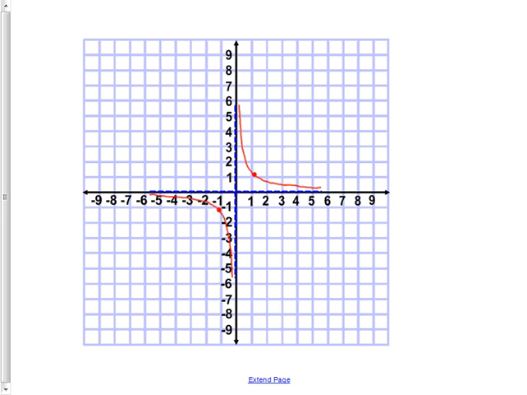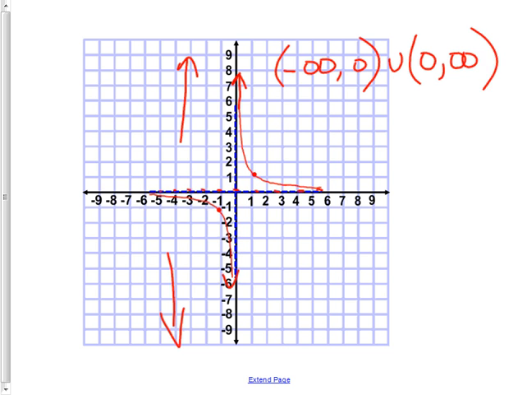What's the place where it stops along the way? 0. It'll never touch 0. So my range would be from negative infinity to 0, and it starts up again at 0 and goes to infinity.